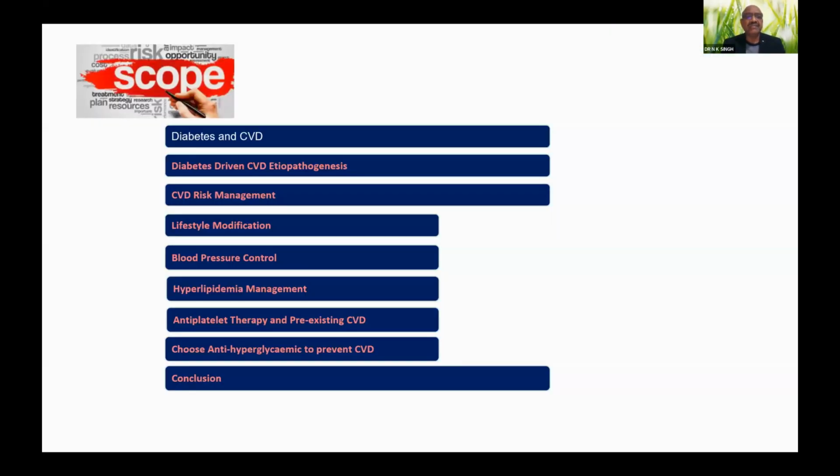So we will discuss diabetes-driven CVD, what the causes are, and how to do risk management of CVD with lifestyle modification, blood pressure control, hyperlipidemia management, antiplatelet therapy, and what to do with pre-existing CVD, and choose anti-hyperglycemic agents to prevent CVD, and then we will conclude.